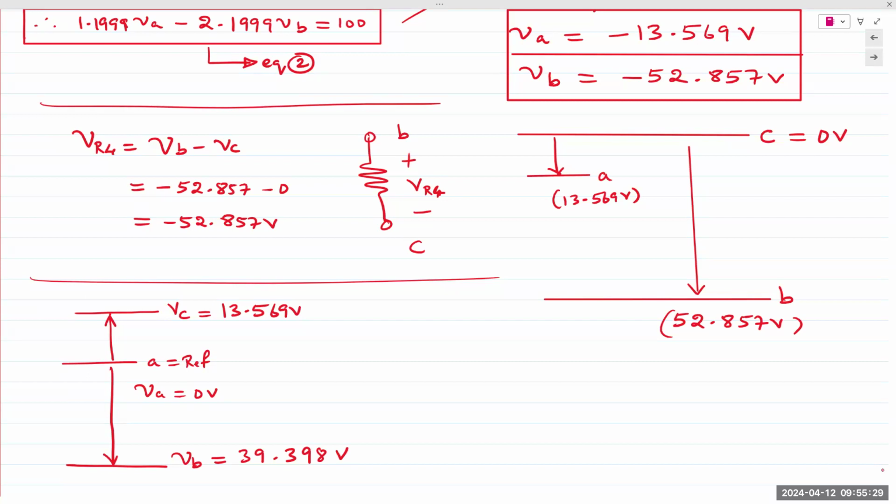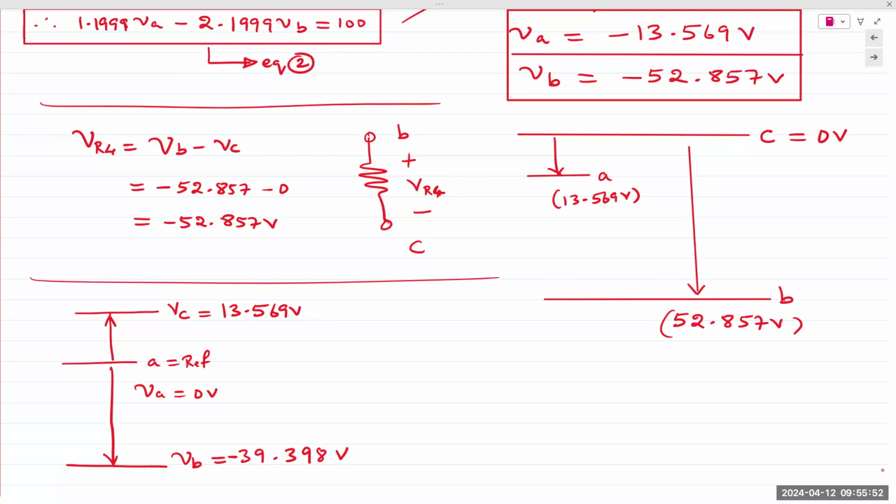Okay, so VB would be minus 39.398. So let's say you chose C as the reference and she chose A as the reference. Your answer for VB would be minus 52. Her answer for VB would be minus 39. But both answers are correct.